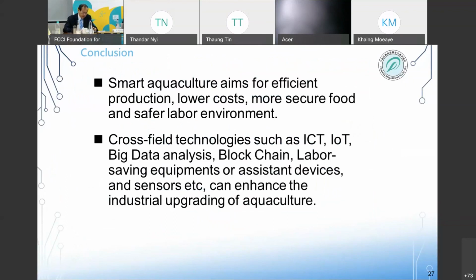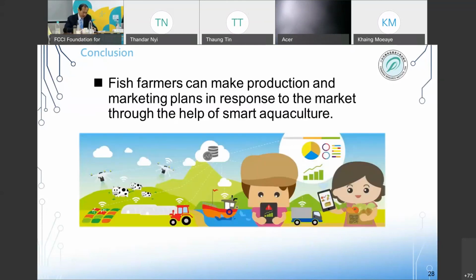The second conclusion is that cross-field technology, such as ICT, IoT, big data analysis, blockchain, labor-saving equipment, or assistant devices and sensors can enhance the industrial upgrading of aquaculture. And the third, fish farmers can make production and marketing plans in response to the market through the help of smart aquaculture.